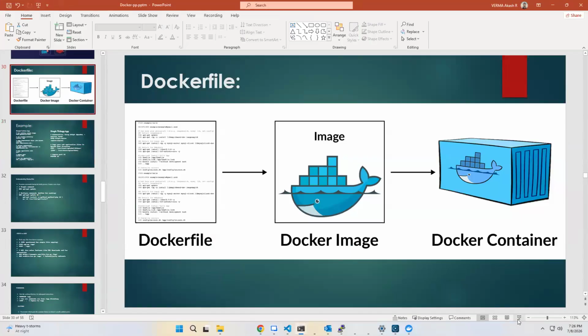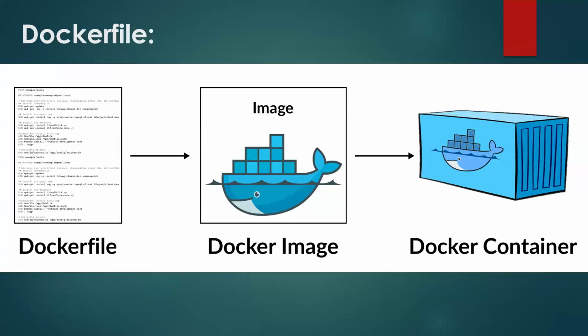Last class we saw up to here, where we write a Dockerfile, convert the Dockerfile into a Docker image, and then run the Docker image as a Docker container. These last two parts you already understood: how to run from an image to a container. Every time you run a Docker image, it will create a new container, and when you run in -it mode, it will give you interactive mode.